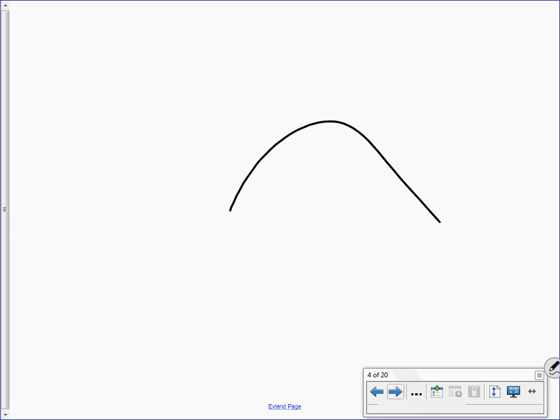Whether you're asked for a max or a min, you're just going to find out where the derivative equals 0. So you just write an equation for whatever you're trying to optimize. You might need a second equation to substitute to get it in one variable. But after that, you just set the derivative equal to 0 and solve.